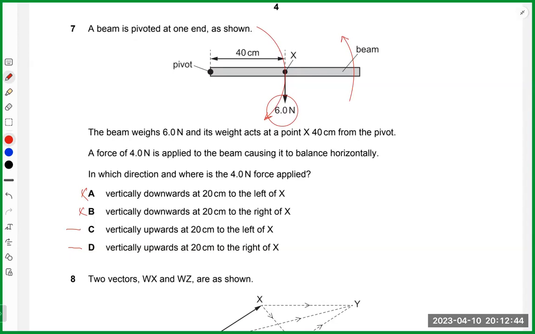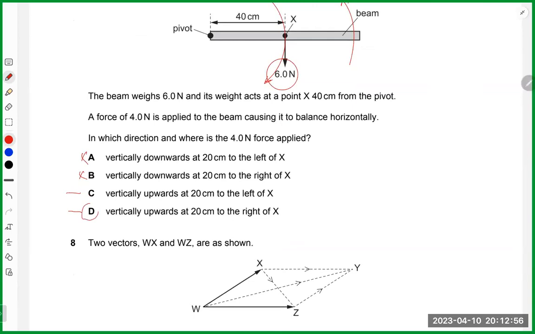The distance of that force should be more to produce the same turning effect. So it has to be 20 centimeter to the right. And if you want to calculate it, you can do it like this.